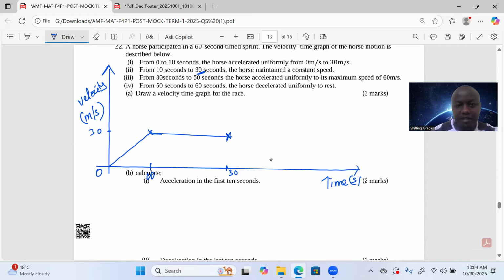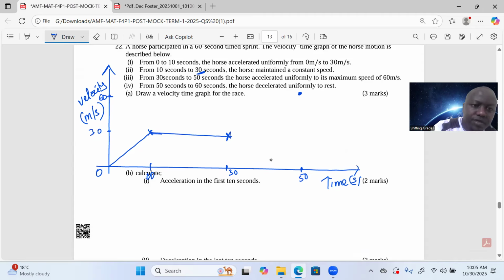Then after this, up to 50 seconds, we will have acceleration to 60. So by the 50th second, we will have accelerated to 60. Let me sketch 60 at this point.